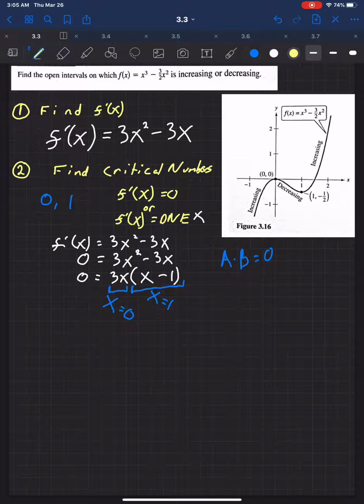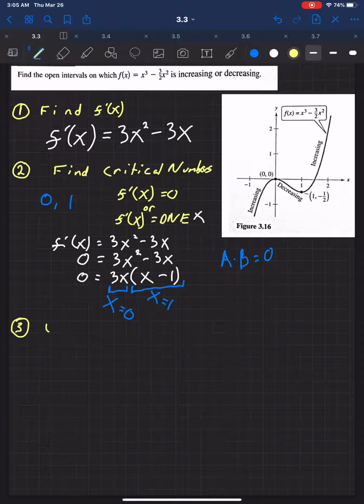So now what are we going to do? Let me go to step 3. What I would suggest is that you use the critical numbers. Let me write, and then I'll draw exactly what I'm saying. Ready?